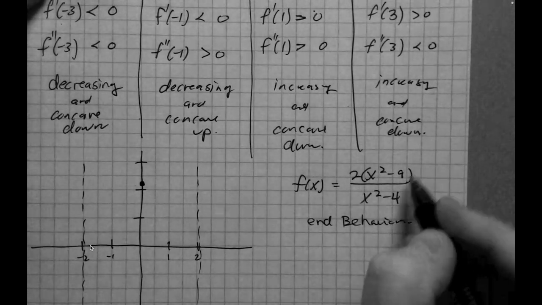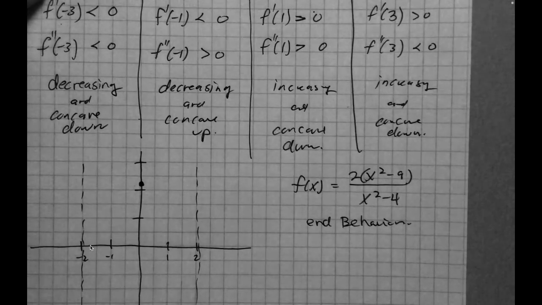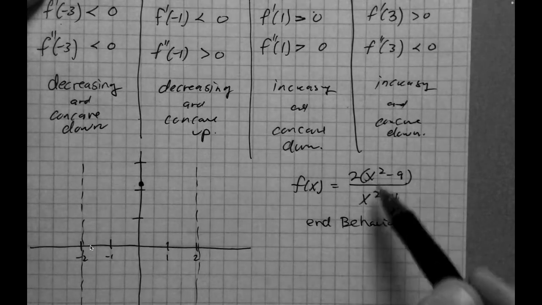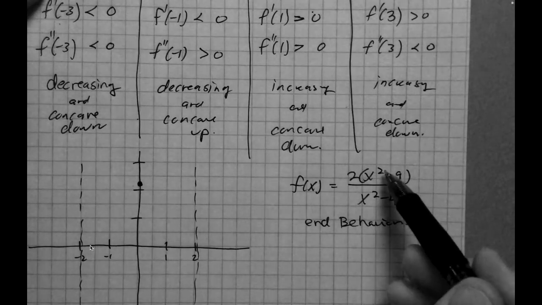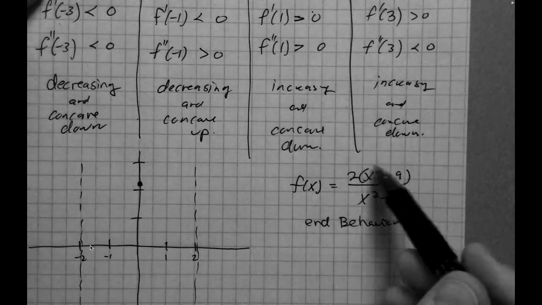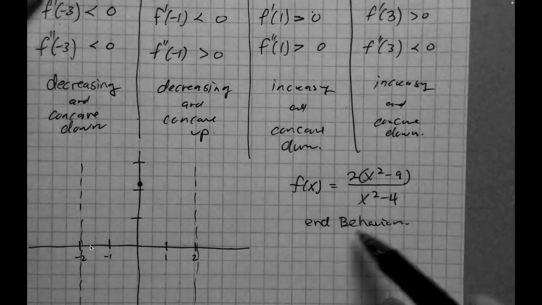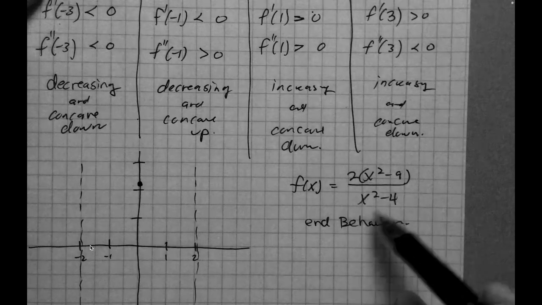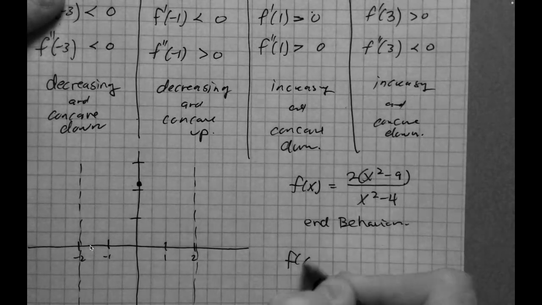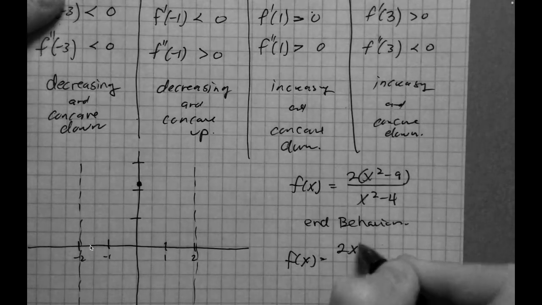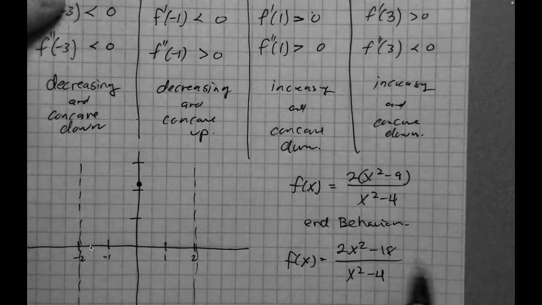And so the end behavior, we have a really nice theorem that we talked about last time, I believe, maybe the last lecture, where we talked about how the end behavior is determined by the leading terms and basically the degree of the numerator and denominator. So this is basically 2x squared minus 18 on the top and x squared minus 4 on the bottom.